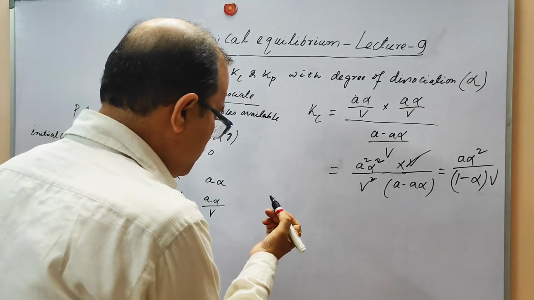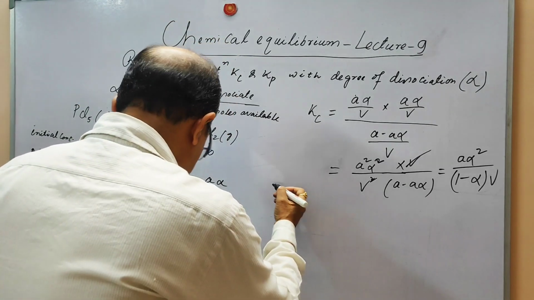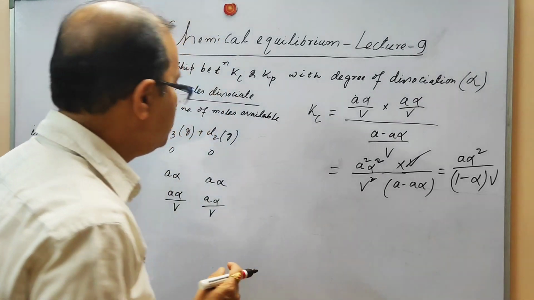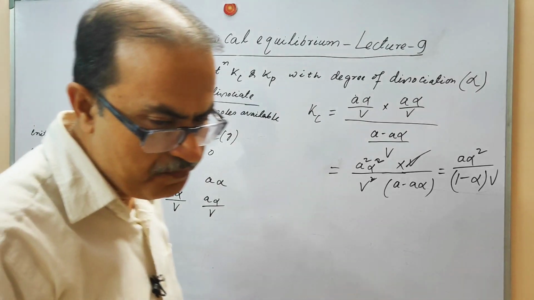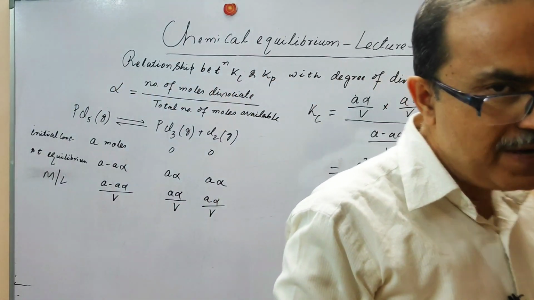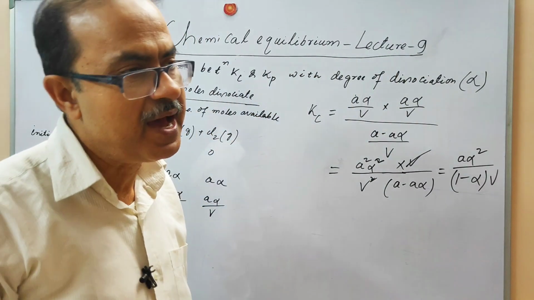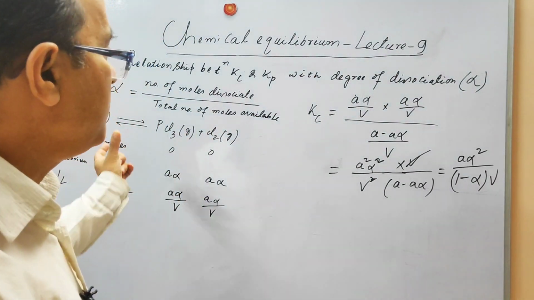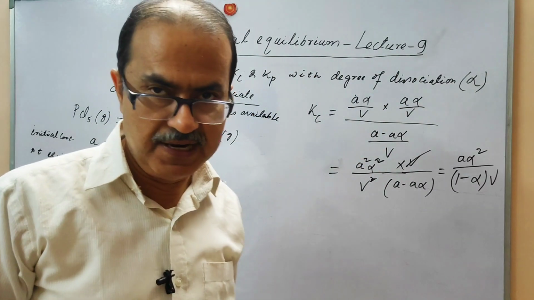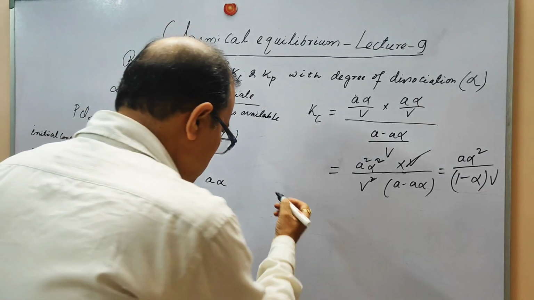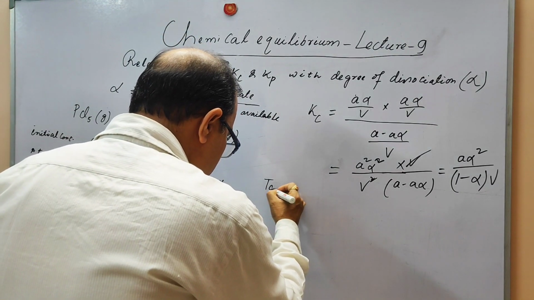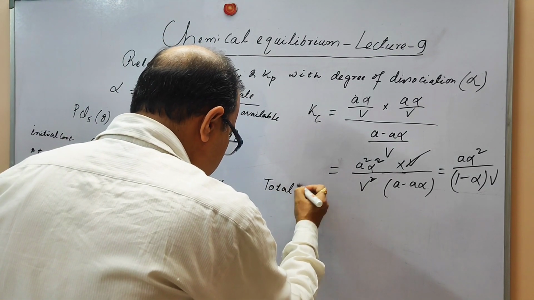Now we want to calculate the Kp. Kp we know is basically the partial pressure. We can calculate the partial pressure by taking the mole fraction and the total pressure in the vessel. Okay? So total moles, now we are calculating Kp.